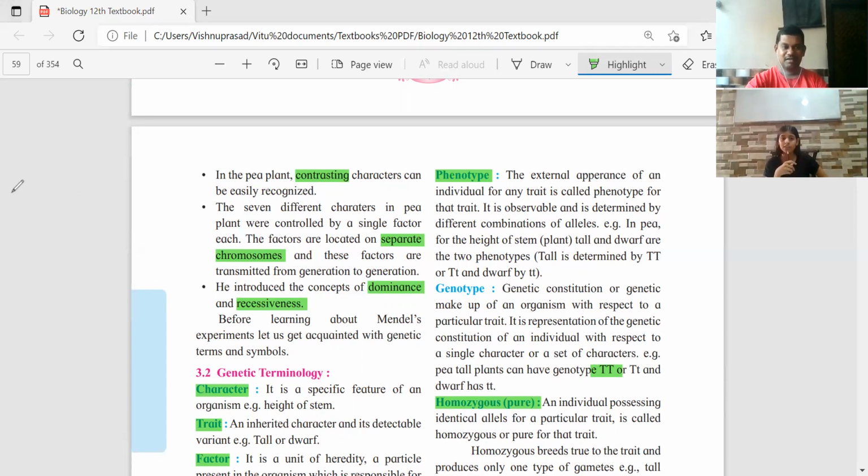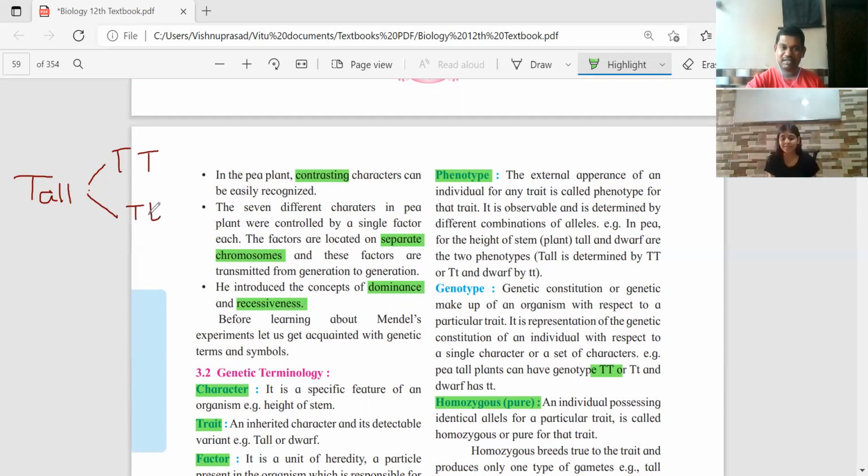See here. Now suppose there is an organism that you see which is tall. Looking at the organism, you say कि ये tall है, जैसे मेंडल ने pea plant को देखा. But looking at the organism, you cannot say whether the tallness is because of homozygous condition or because of heterozygous.